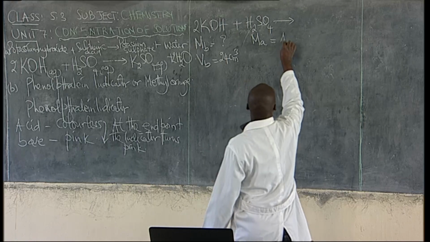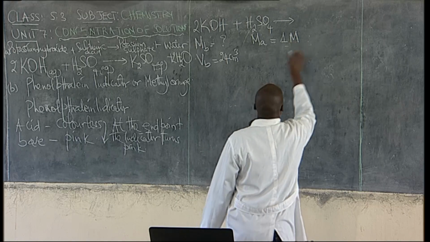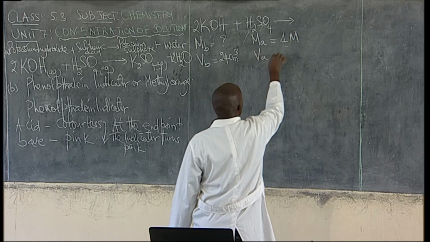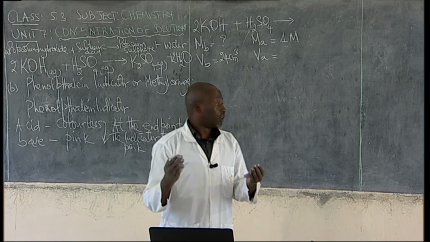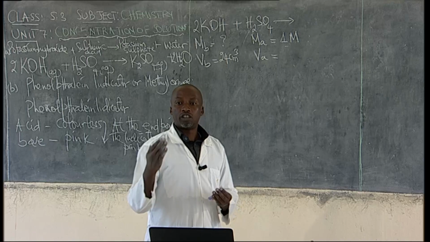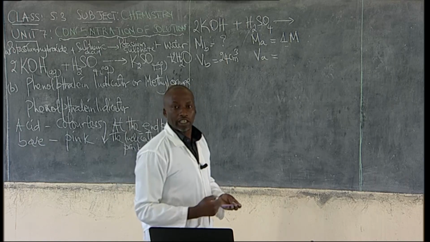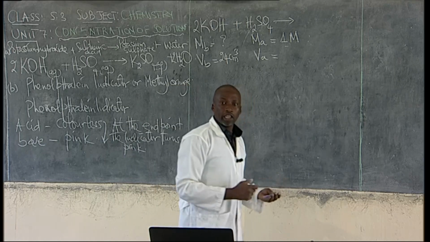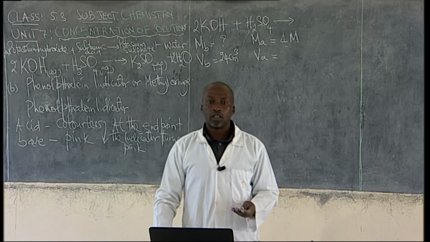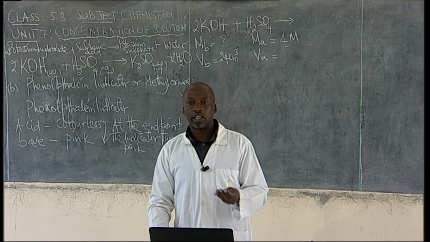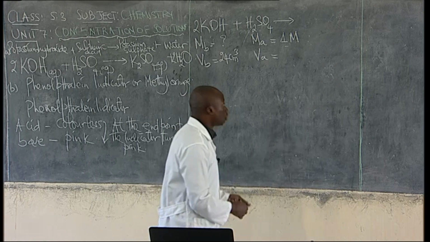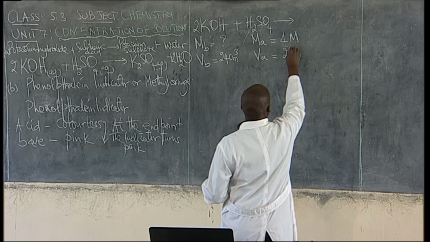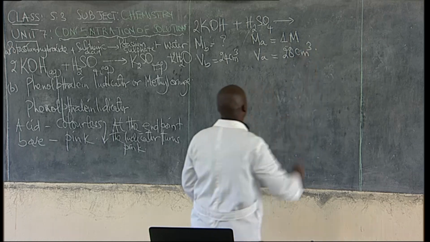So this is 1 molar. What is the volume of the acid? The volume of the acid that was found to neutralize at the end point was 28 cubic centimeters.